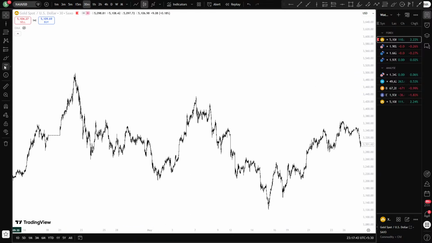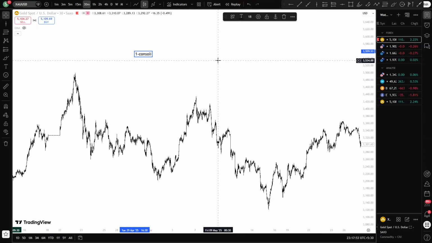When we are talking about market structure, it can be in one of three states. The first one is consolidation, the second one is uptrend, and the third one is downtrend.